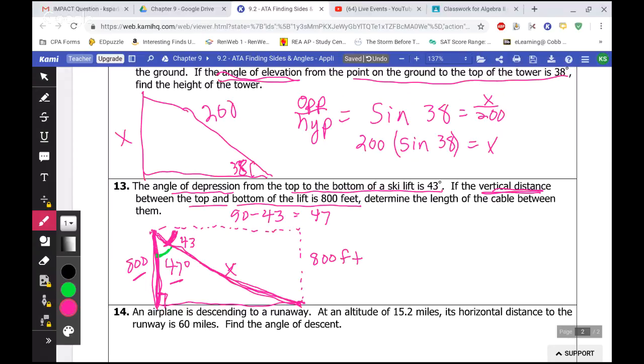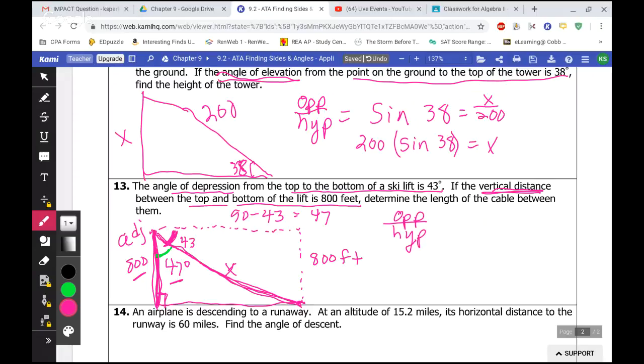Do you see that? If I took 90 minus 43 equals 47, I would be using adjacent over hypotenuse. But in this case, I'm going to be using opposite over hypotenuse. Does that make sense?